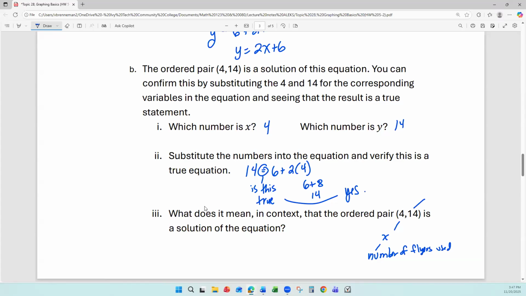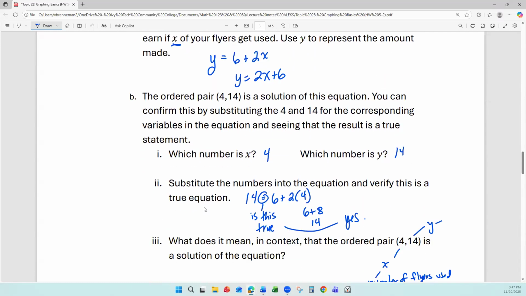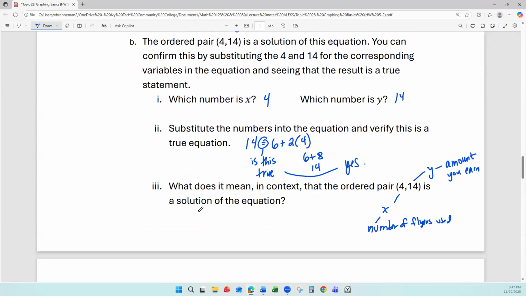And 14 is Y, and Y is the amount of money you'll earn. So putting those together, the ordered pair is saying these two go together.